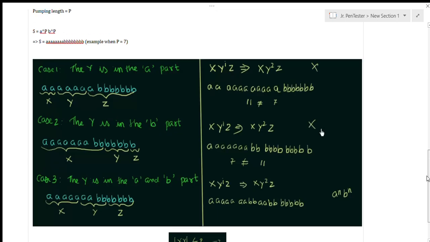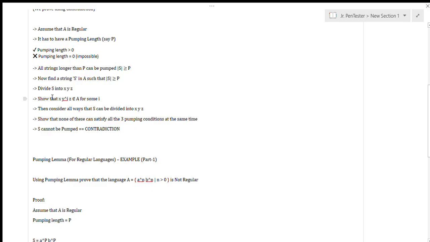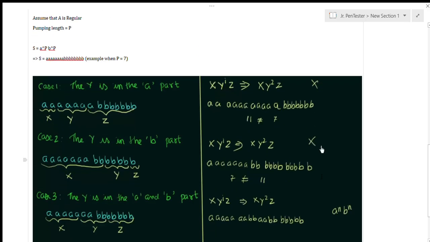Now we are going to apply the condition that as we increase the power of i, the resulting string for some value of i will not be part of our language A. Here, as you can see, as I apply the power 2 to Y, we get 11 A's.